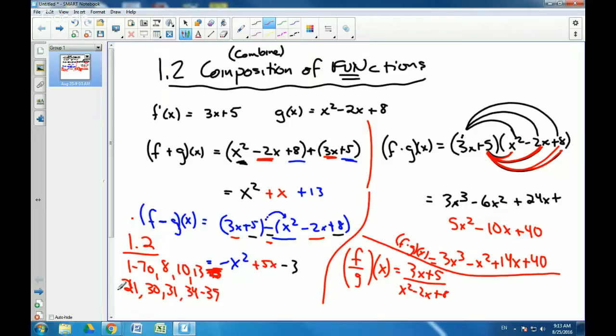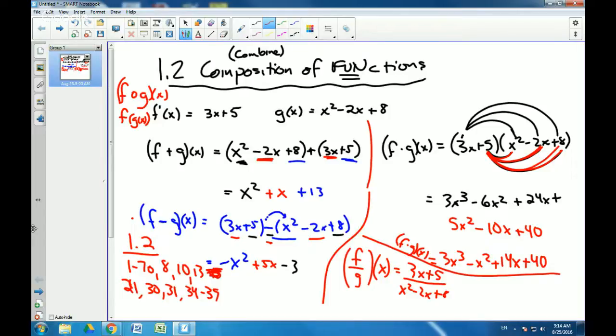The only ones that are, so do these: add, subtract, multiply, divide. The ones you won't, if you see this, or this, those are the two we didn't touch today. They're the same thing. Composition, f of g of x.